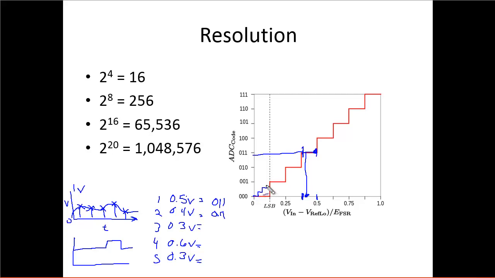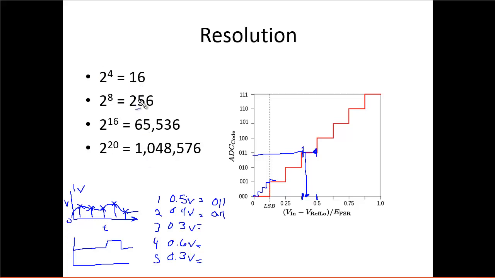If I made it more finely grained like that, the better my ability to retrieve the number more accurately. Okay, so this is what we're talking about when we talk about the resolution of an analog to digital converter, the number of bits that it can output.